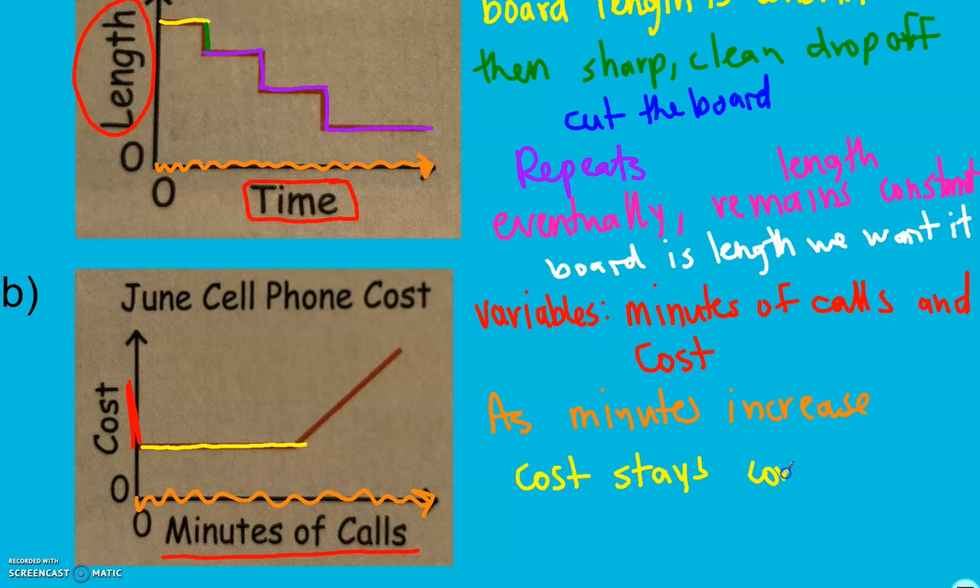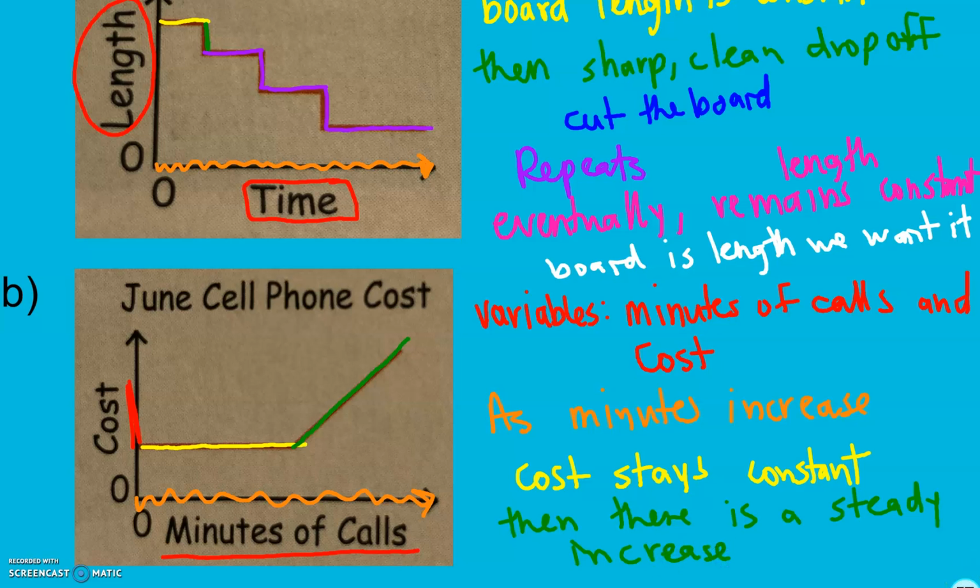It stays constant until then there is a steady decline. It goes up in a straight line. Steady incline, increase.